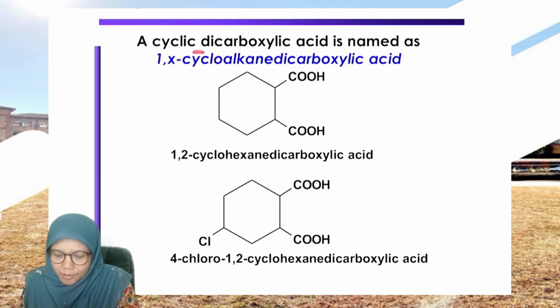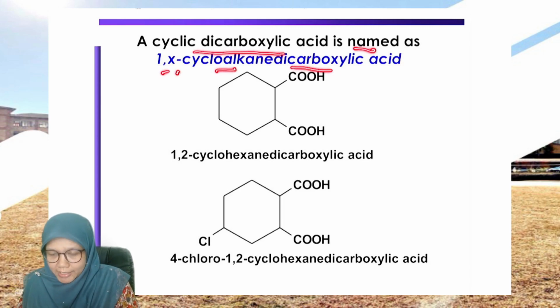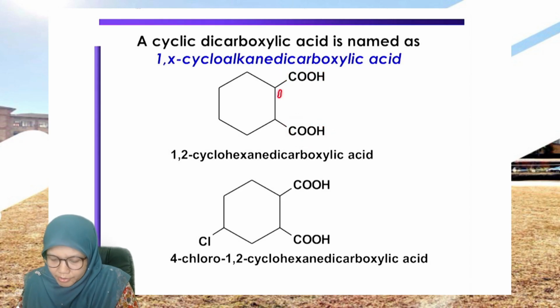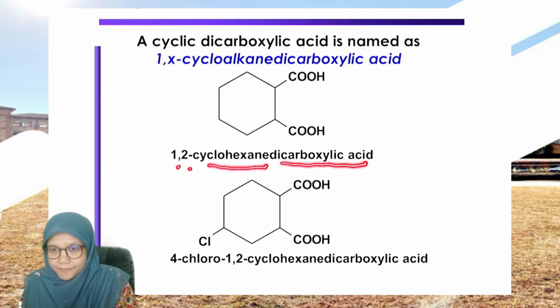A cyclic dicarboxylic acid is named as 1,X-cycloalkane dicarboxylic acid. Example, we have 2 carboxyl groups attached at position 1 and 2. So, name of this compound is 1,2-cyclohexane dicarboxylic acid.